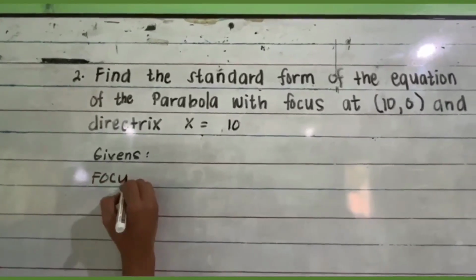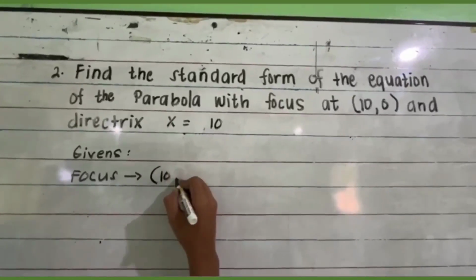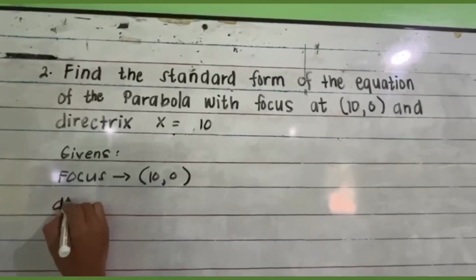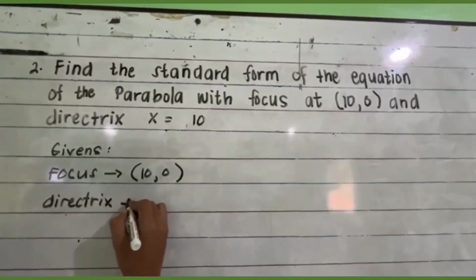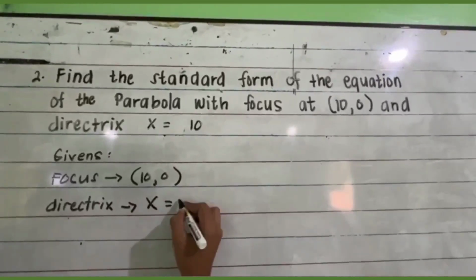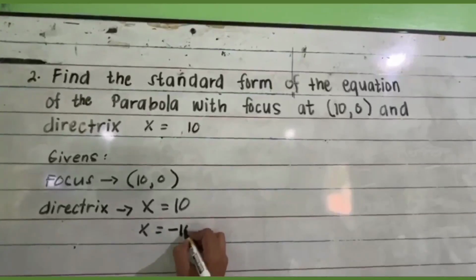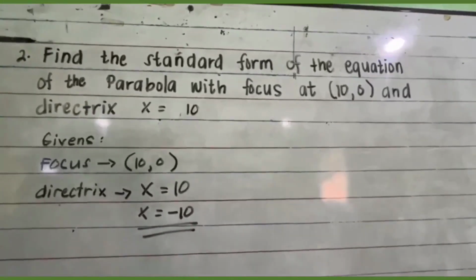The givens are focus (10, 0) and the directrix x equals 10. Here our directrix is positive 10. We will change its sign into negative 10.